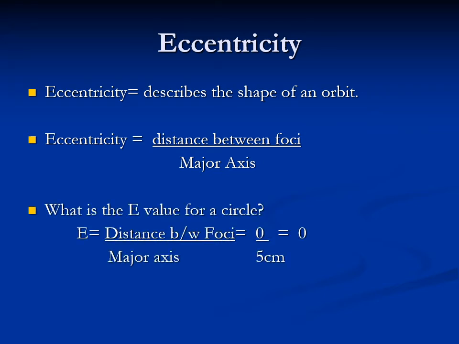And then you figure out the eccentricity value. Well, in a circle, the distance between the foci is 0. So 0 divided by even the 5 centimeters that I suggested is 0. Trust me, when we're in lab, not on Monday, but in lab on Wednesday, this will make much more sense with our activity.